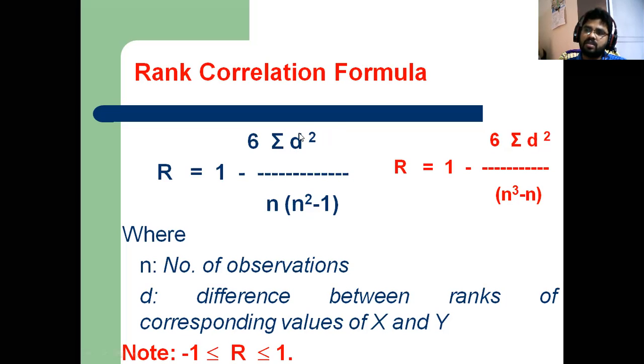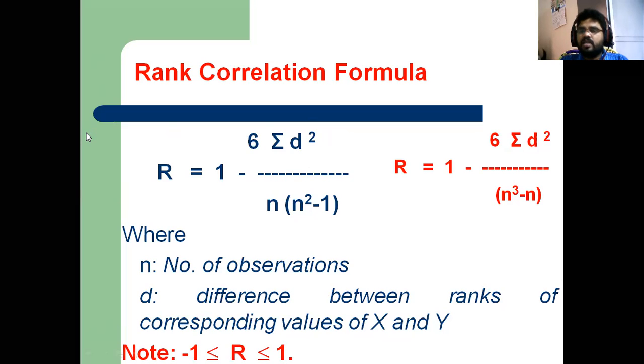Then we add all the d square values, that is called summation d square. Then divide by n, the number of observations, how many observations we are considering, then n cube minus n. Here you can also write that d is the difference between the ranks of corresponding values x and y.